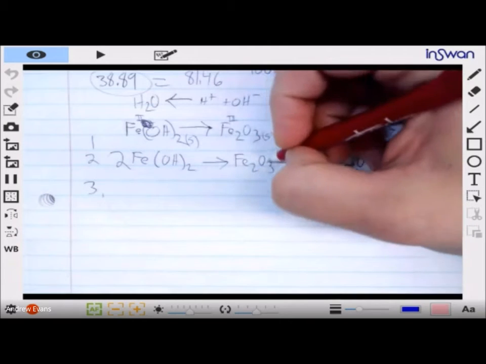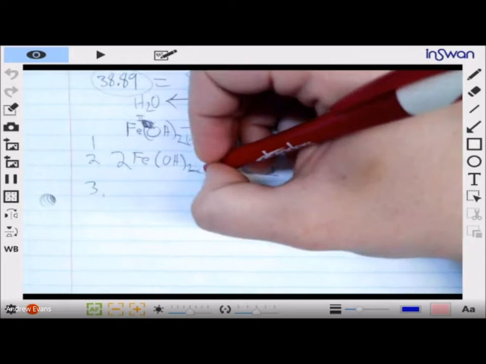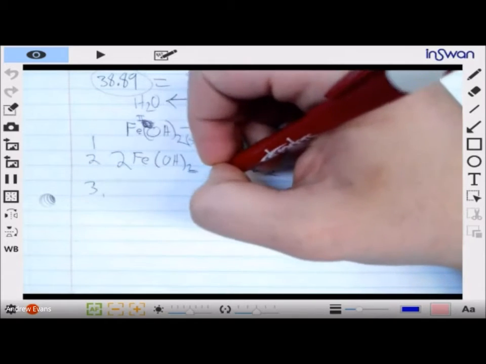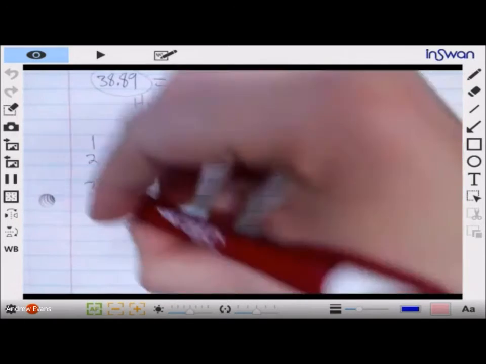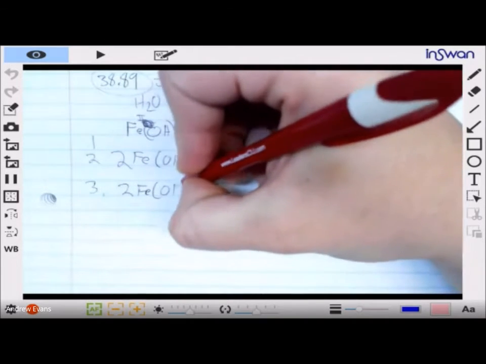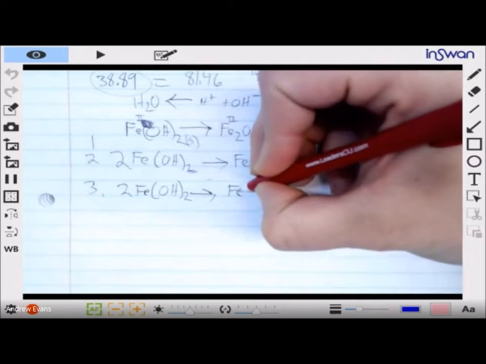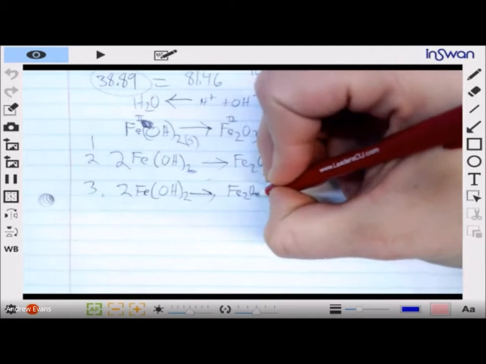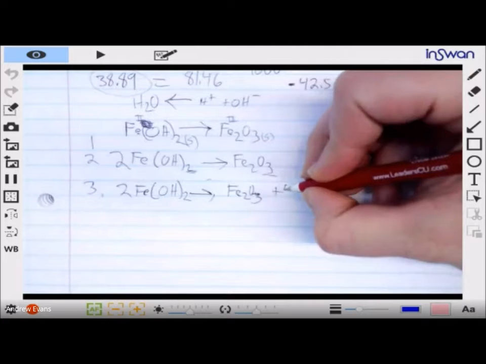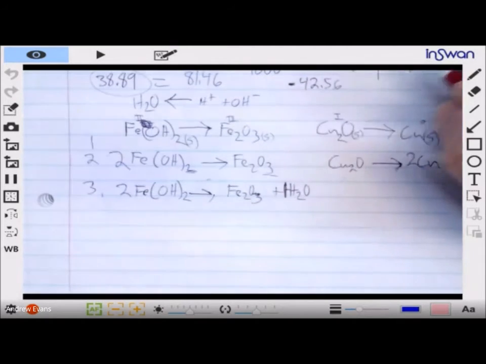So there's 3 oxygens here. There's 2 times 2, 4 oxygens there. So to balance this guy, I'm going to add a water to the right side of the equation so that there's 4 oxygens on both sides.